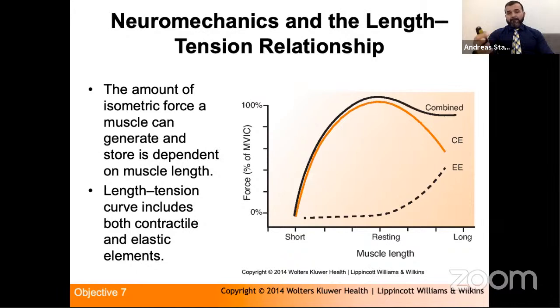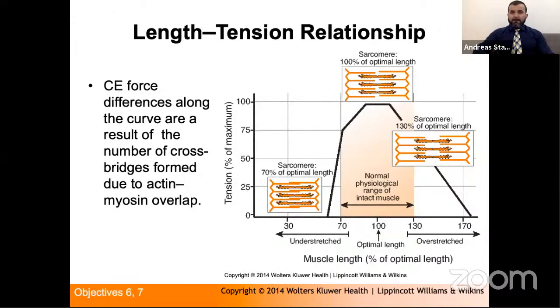But the highest for EE is when it's elongated, when we stretch it. So we combine it, and you see the combined force-tension curve with the black line. Cool. Hope you remember that. We just mentioned it maybe 2 weeks ago.